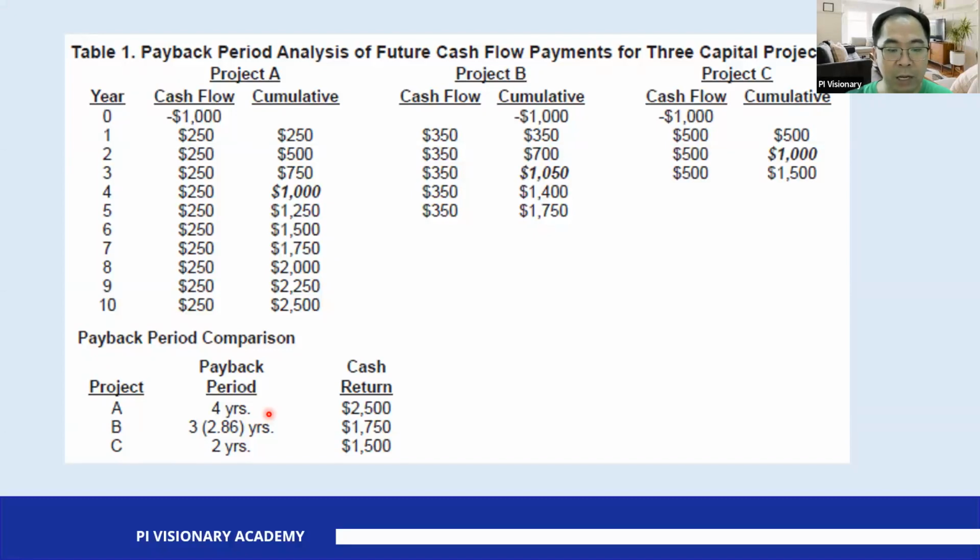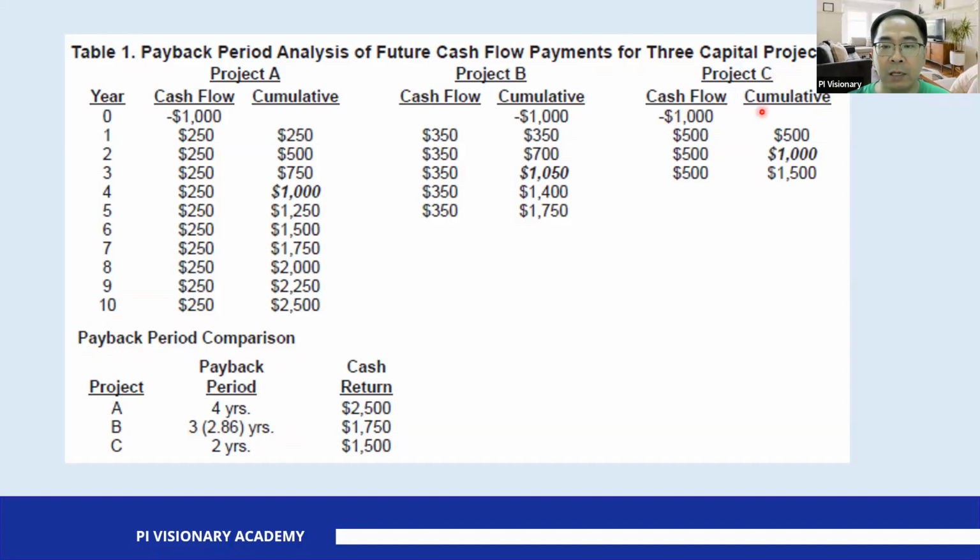Okay, Koyen, this is how to read it. Yeah, this one. So project B, okay, project B also has a 1,000 investment, but project B generates higher cash flow, 350, 350, 350. So project B, after 3 years or 2.8 years, will recover the 1,000 ringgit.